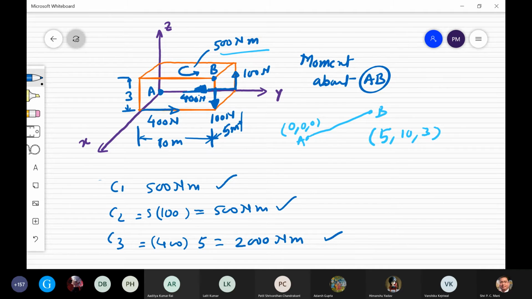Okay. So this is 500 Newton meter in which direction? About the Z direction, so this will be in K. And it is anti-clockwise, so you have to take positive.